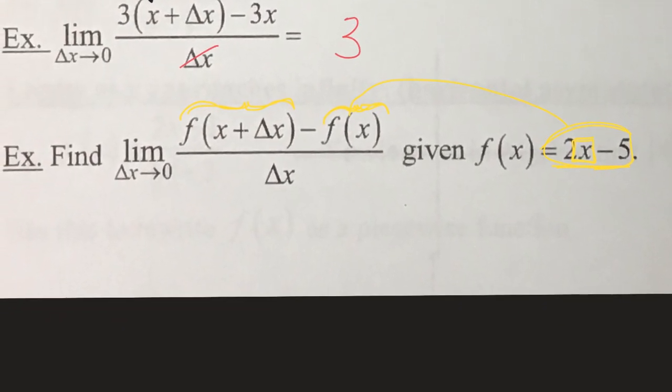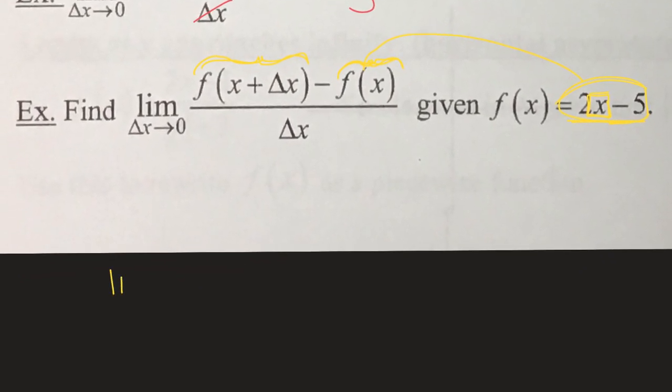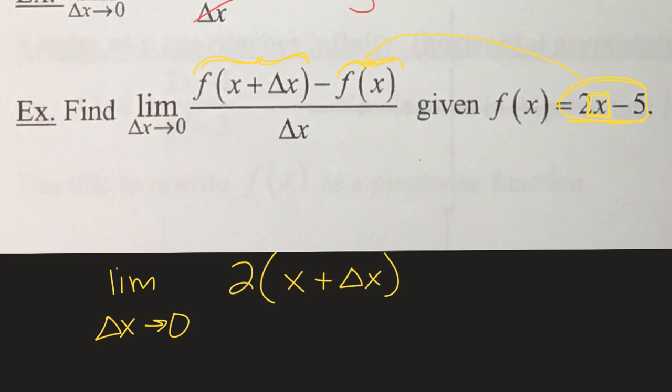Okay, so let me rewrite this and see if we can make sense of it. So we have the limit as delta x goes to 0 of, so our function was 2x minus 5. It says replace x in your function with x plus delta x. That's what this is telling us to do.